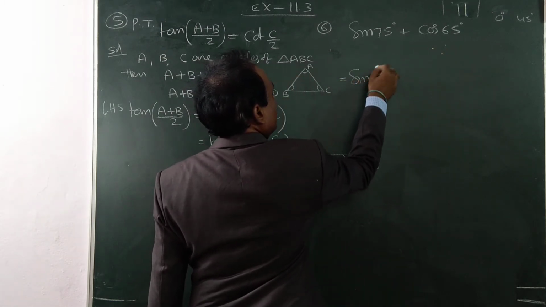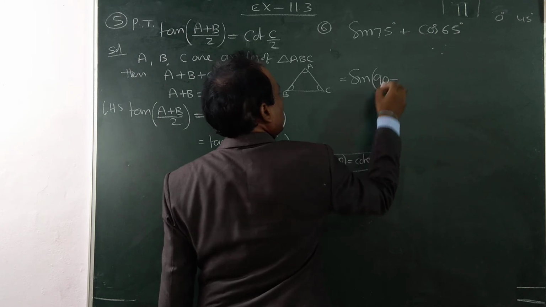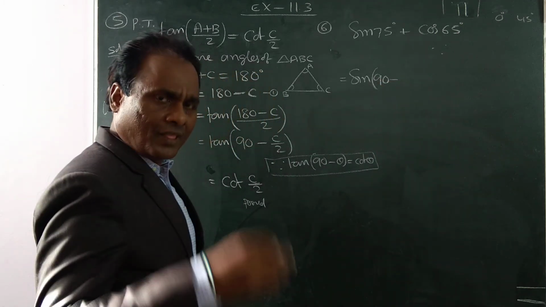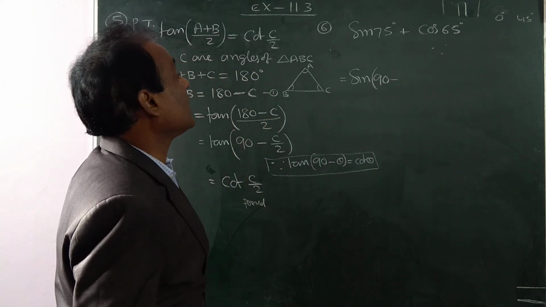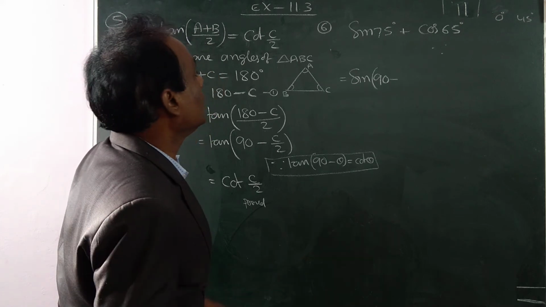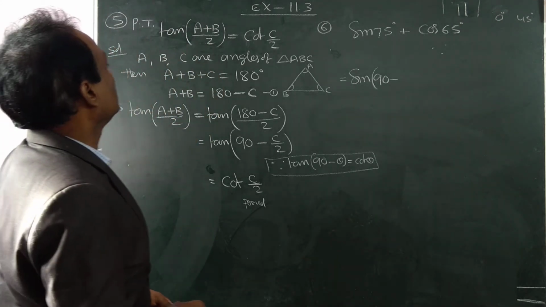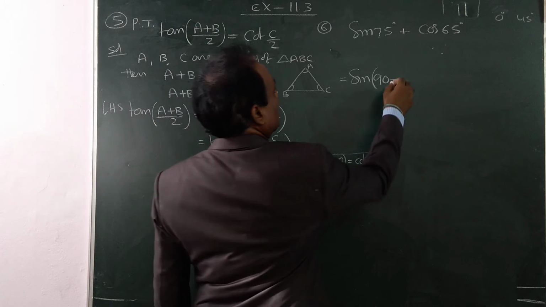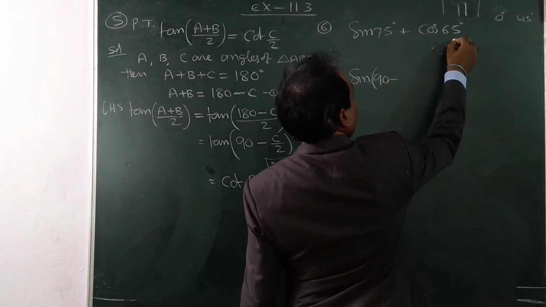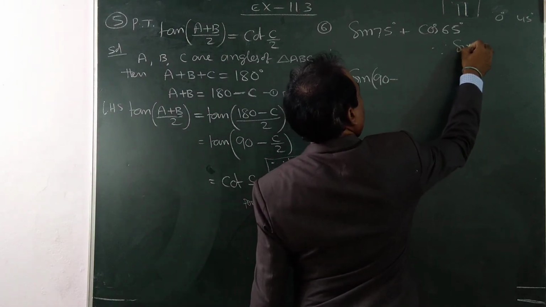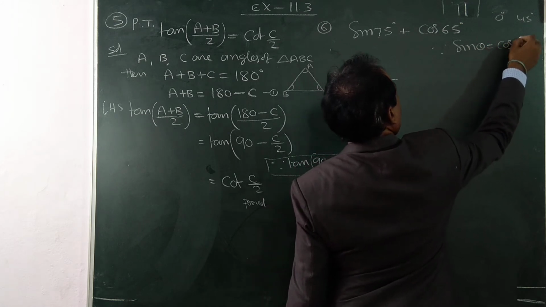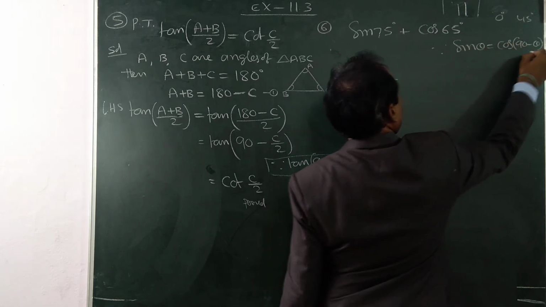I am writing 75. For changing this, I am using the concept of the 90 minus theta formula. See here. Sin theta is equal to cos 90 minus theta.